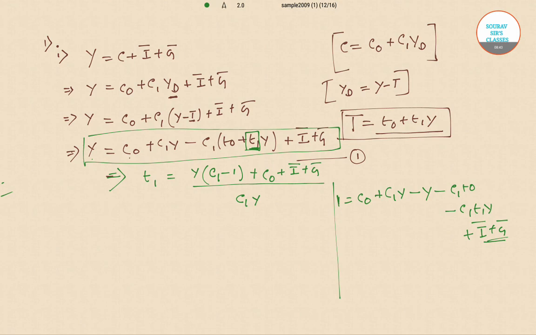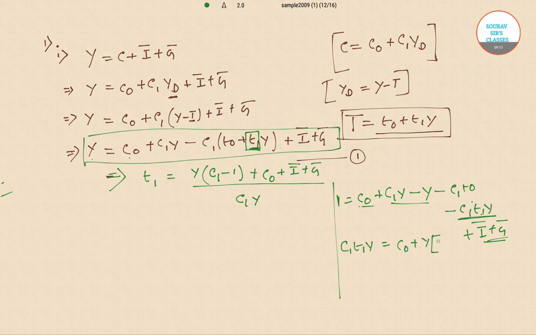So now what we can do is, we can simply take this part here, because we have to find T1. So if you take this part here, it will become C1 T1Y equals to, on the right hand side it will remain, then from here we can simplify it.